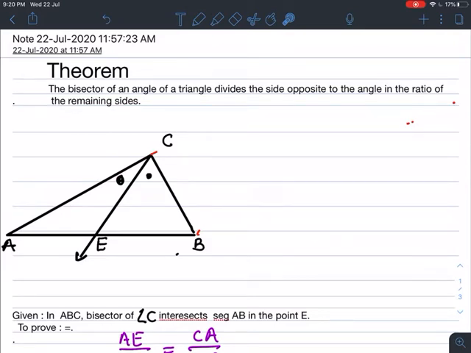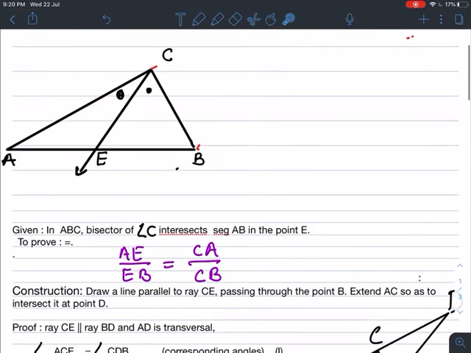So, we have to prove: angle C is bisected, it divides the opposite side AB into two parts, and the ratio AE upon EB is equal to the ratio of the remaining sides AC upon CB, or BC. So, in the given we will write: the bisector of angle C, that is CE, intersects AB at point E. So, CE is the bisector of angle C. Now, what to prove?